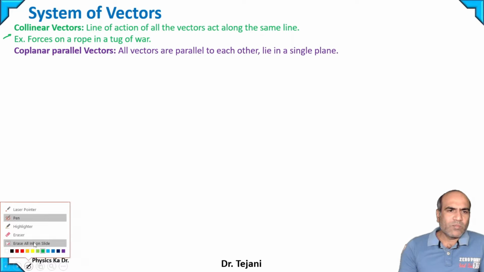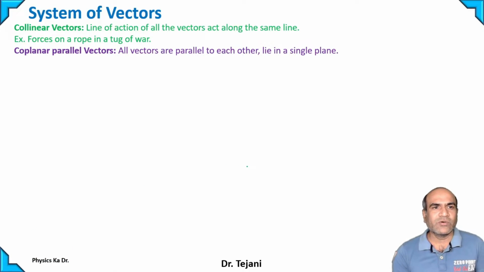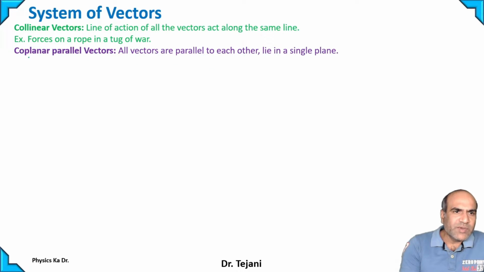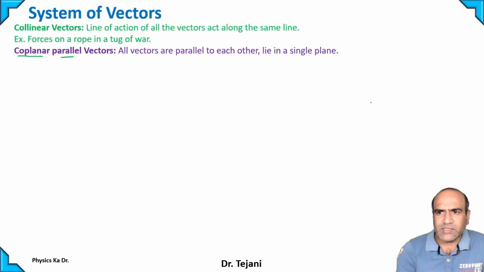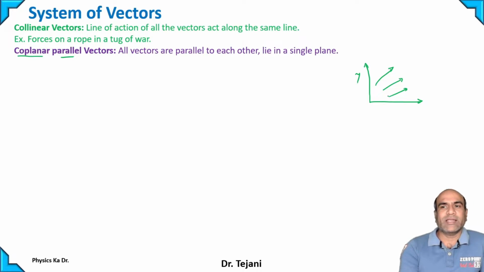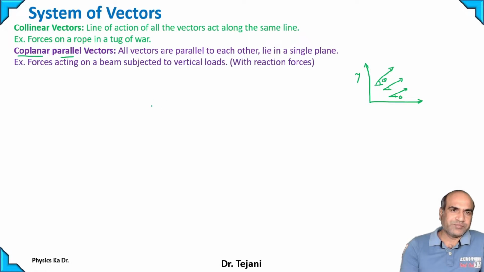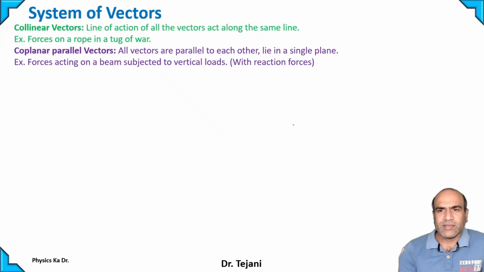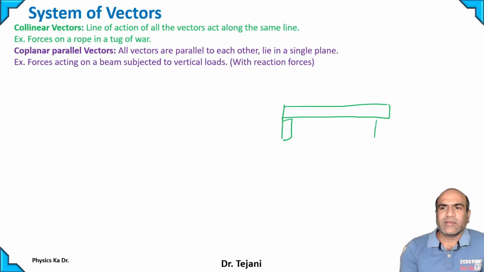Second is coplanar parallel. All the vectors are parallel to each other. Two words are mentioned: one is coplanar and the second is parallel. Coplanar means, for example, if we draw an x and y plane, all should be in the same plane. And parallel means the angle theta should be equal for all the vectors. For example, forces acting on a beam, which is just a horizontal bar, like a bench.